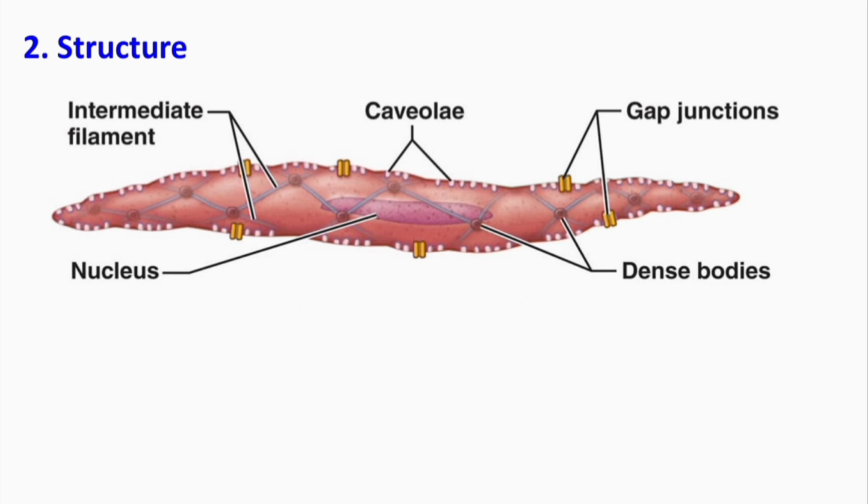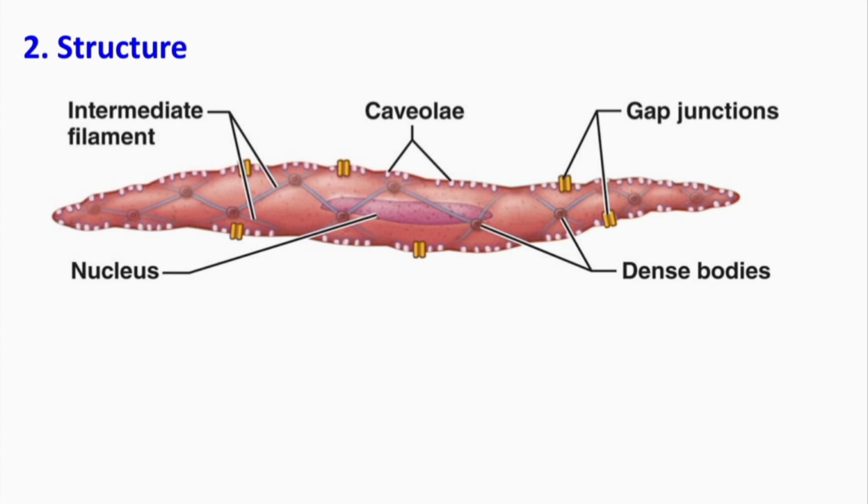Then in the smooth muscle, caveolae are present. These are the indentations in the sarcolemma, and they may act like T tubules. There is one nucleus. Dense bodies are present, as you can see here. These dense bodies are analogous to the Z lines of the skeletal muscle.